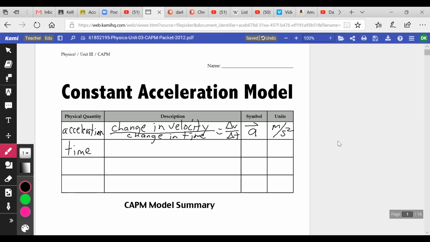Someone give me a definition. Have you participate there? Well, how would you define time? Anyone? I don't know how to define time. Don't worry about it. Anyone else? Somebody off the cuff?